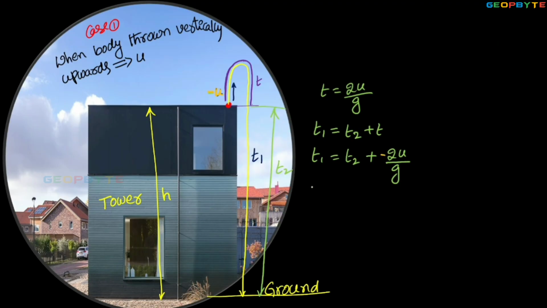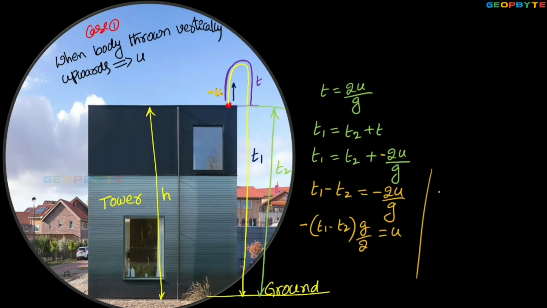Then it can be written as t1 minus t2 is equal to minus 2u by g, or minus (t1 minus t2) into g by 2 equal to u. That is the u value.